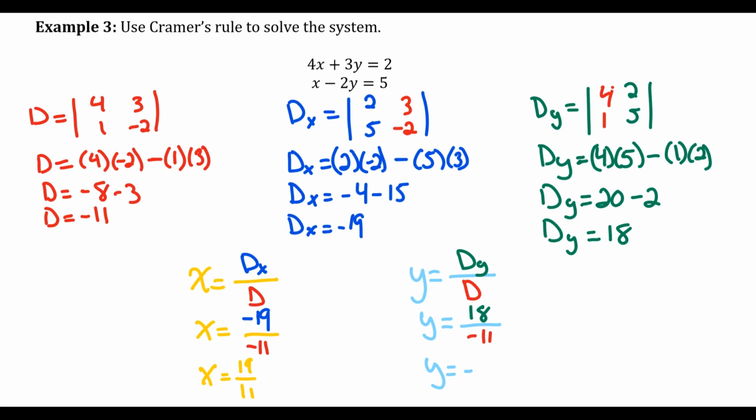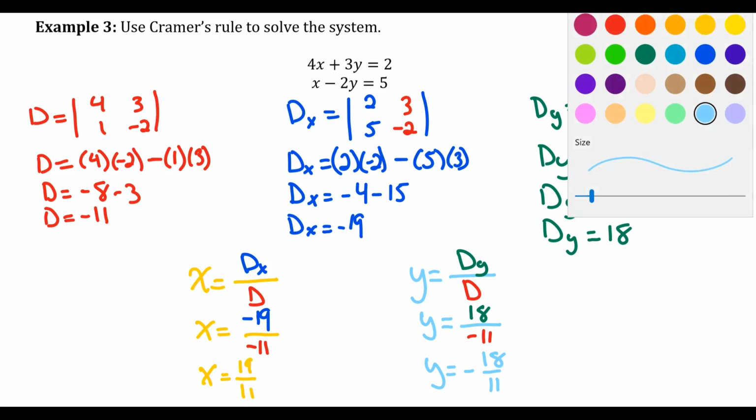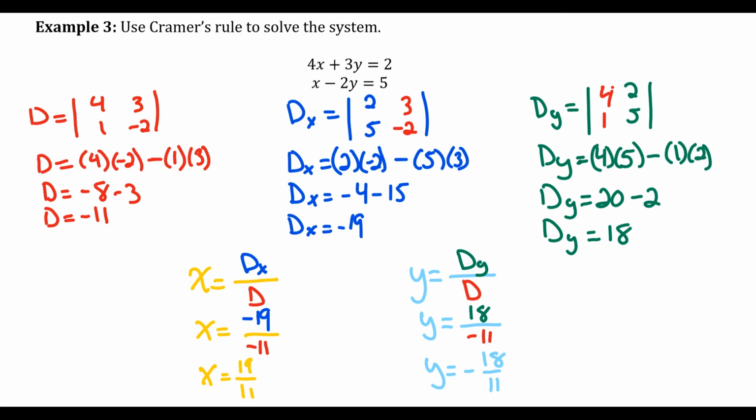So y is equal to a negative 18/11. So my solution for this set is going to be 19/11, comma, negative 18/11. This is my solution for this.